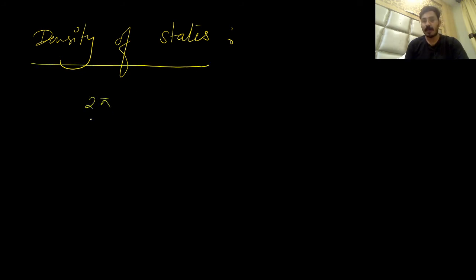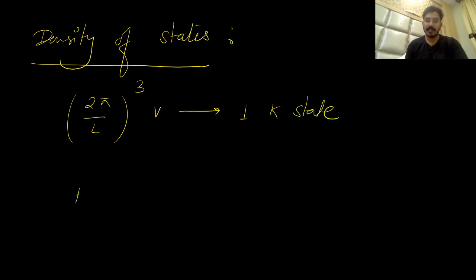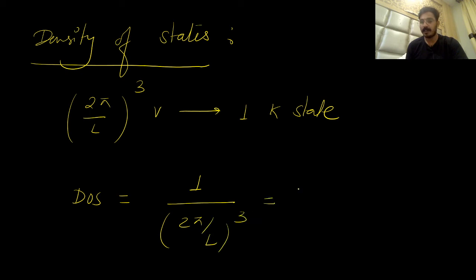So the density of states can be written as follows. This (2 pi by L) whole cube volume contains 1 k state, or we can say the density of states is equal to 1 k state per (2 pi over L) cube volume, which can be written as L cube over 8 pi cube.